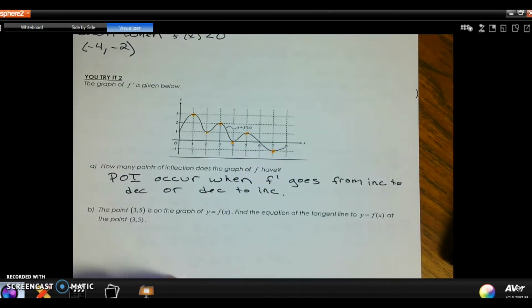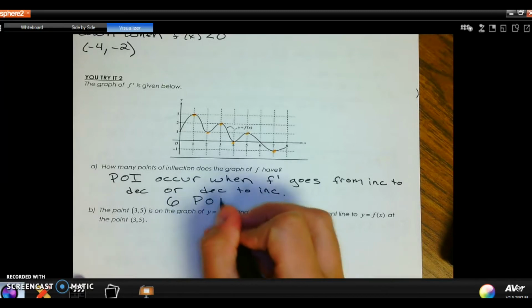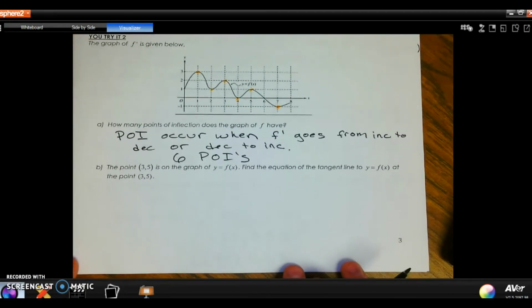And again, you could think of it as when the original goes from concave up to concave down. So here there are 6 POIs. Okay. All right, and the last part there.